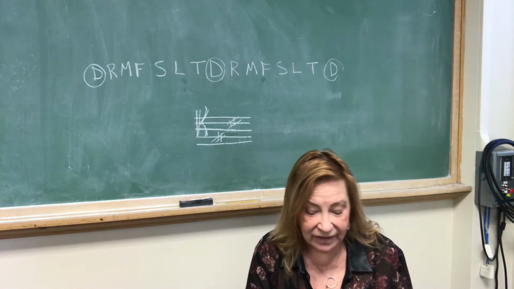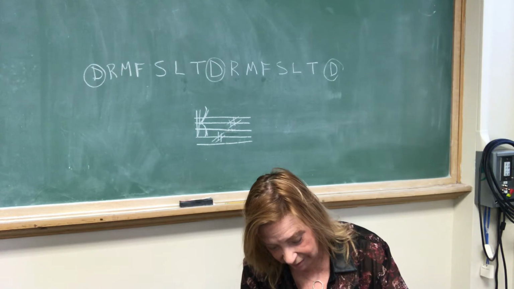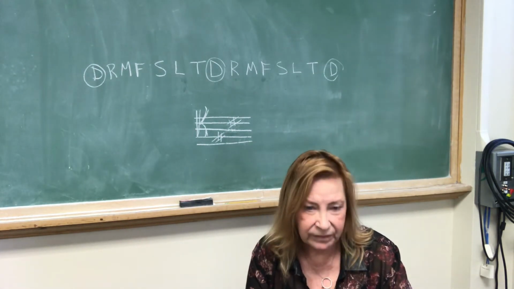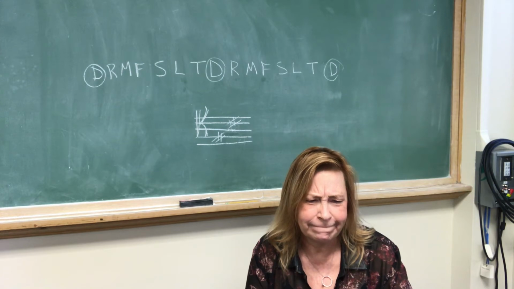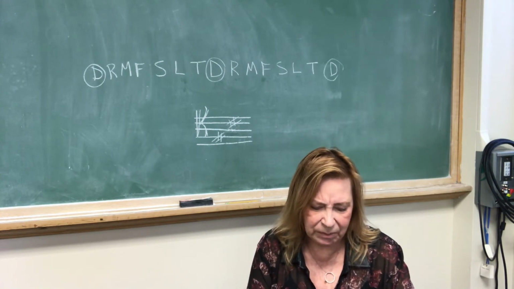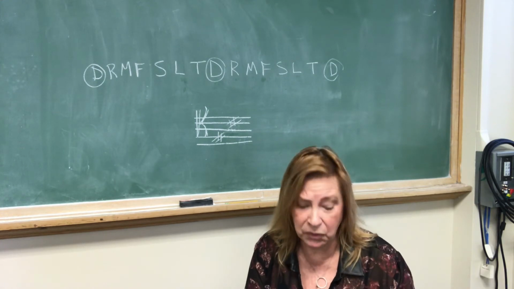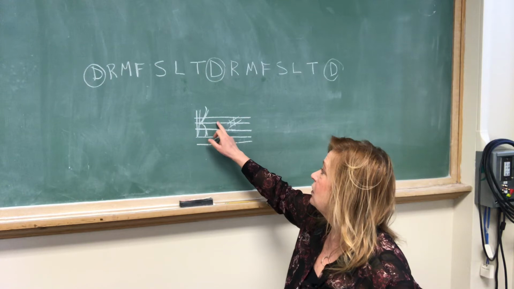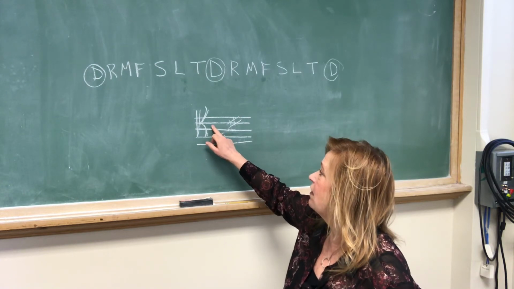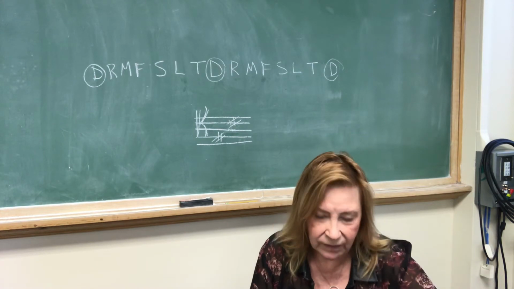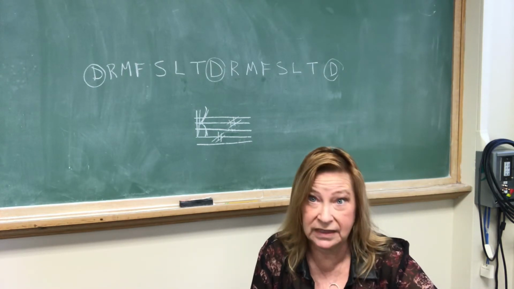Okay, so here is B melodic minor. This particular B is the B directly below middle C. So here's middle C. So I'm starting on this note right here. Here I go with the scale.